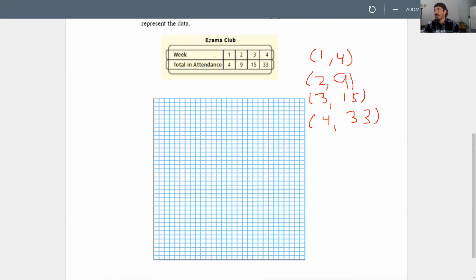I am now going to label my axes. This horizontal, I'm going to call it weeks. And this vertical, I'm going to call it number in attendance.